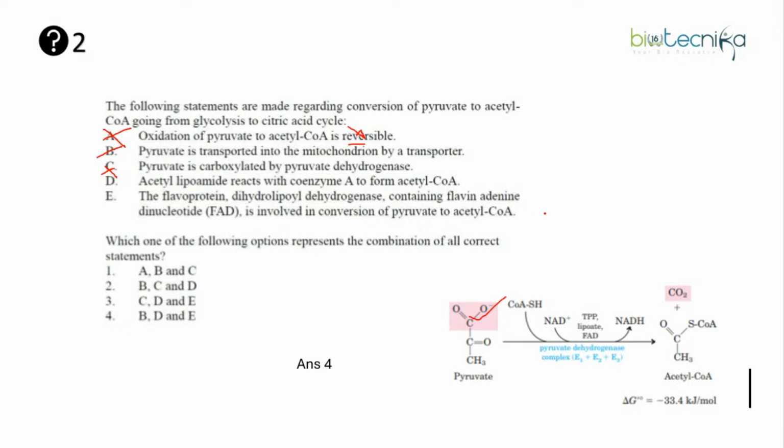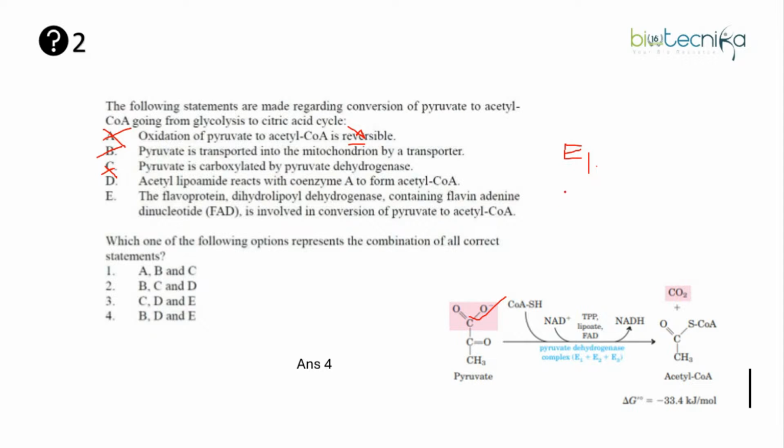So this pyruvate dehydrogenase complex, if you see, is composed of multiple copies of three enzymes. It has pyruvate dehydrogenase, E1, which has its bound cofactor TPP.